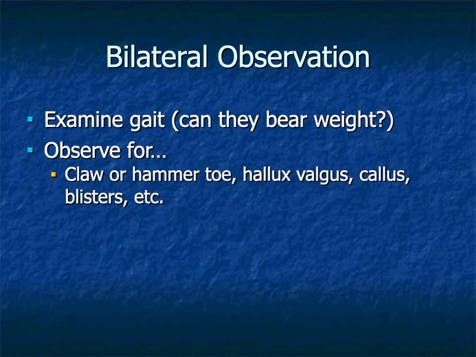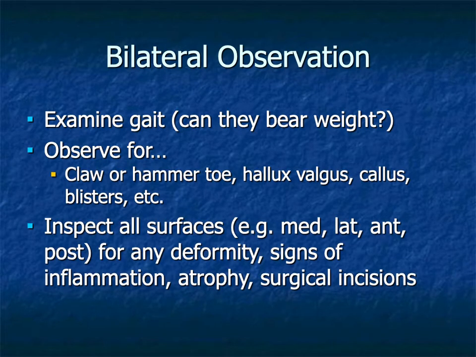You also want to look at the medial, lateral, anterior, and posterior for any deformities, signs of inflammation, which are again the redness of the skin, swelling, discoloration. Atrophy means muscle has gone down, it's shrinking.